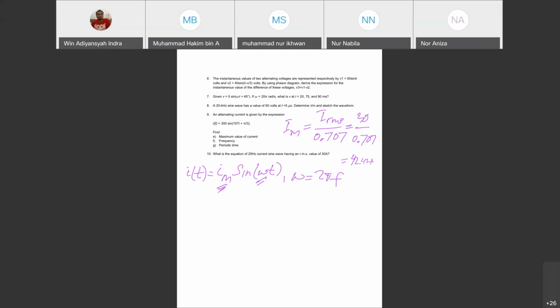The frequency is 25, so it's around 50 times 3.14, which is around 157 radians per second.